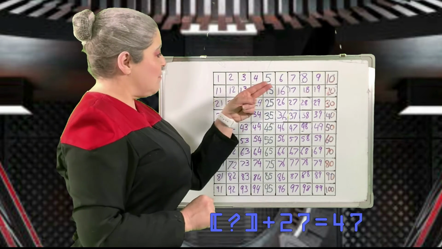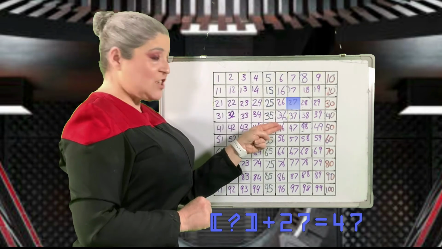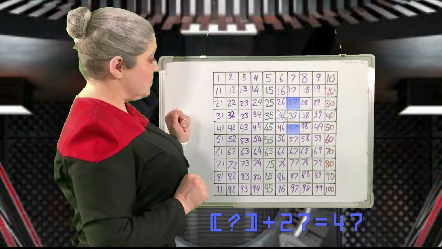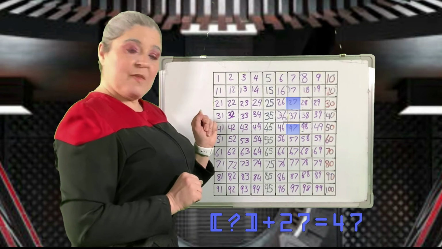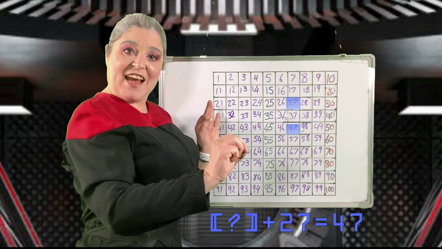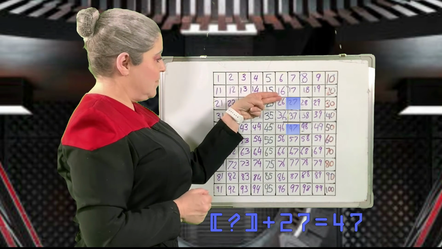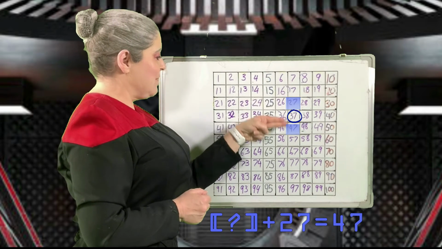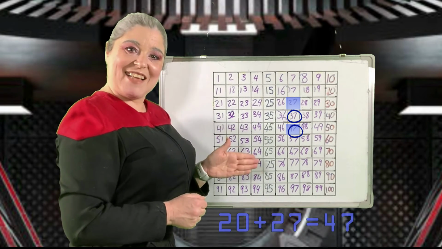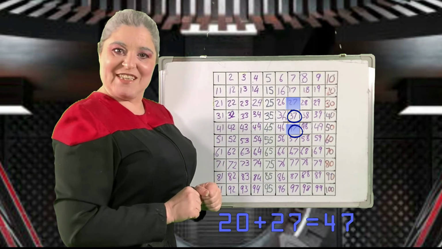We start by marking 27 and 47 on our number square. Now, we count in multiples of 10 from 27 to 47. 10, 20. 27 plus 20 is 47.